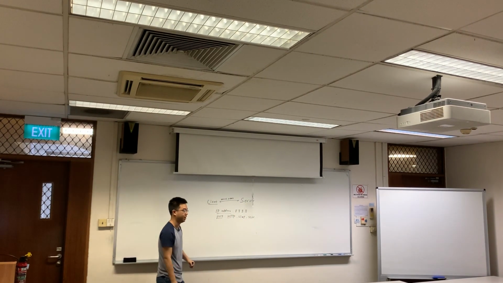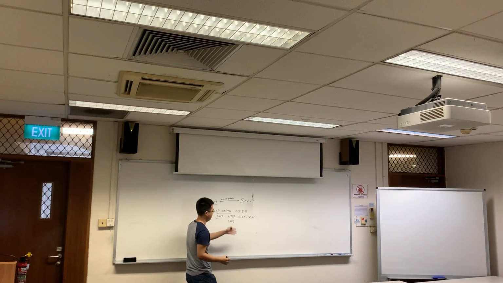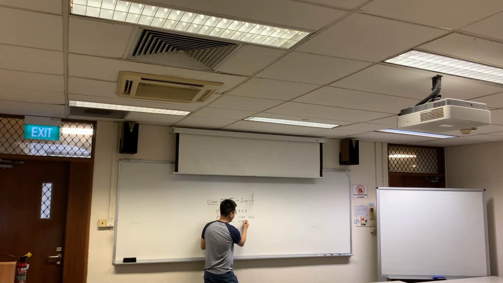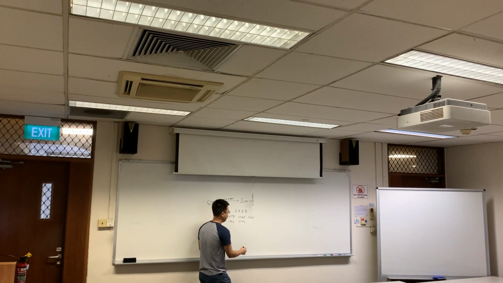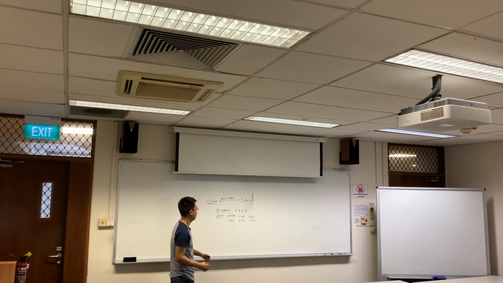So the port is used to identify the applications. HTTP uses port 80 to transfer the data, the email server uses 25, and the SSH server uses 22.